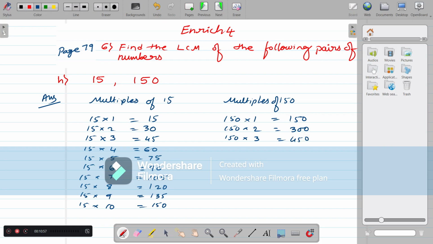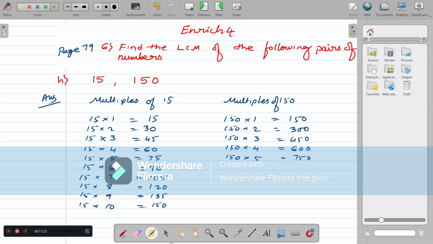Whatever we have written for 15, I am just adding a zero, so I am getting the multiples of 150. This way you can easily do it, finding the multiples of 150. 15 fours are 60 and I will add a 0, that will become 600, and 150 into 5 will be 750.